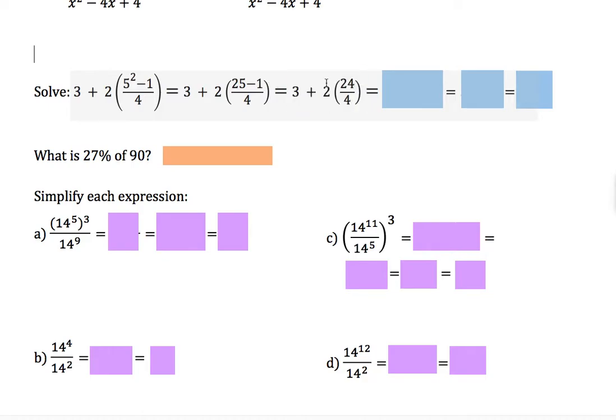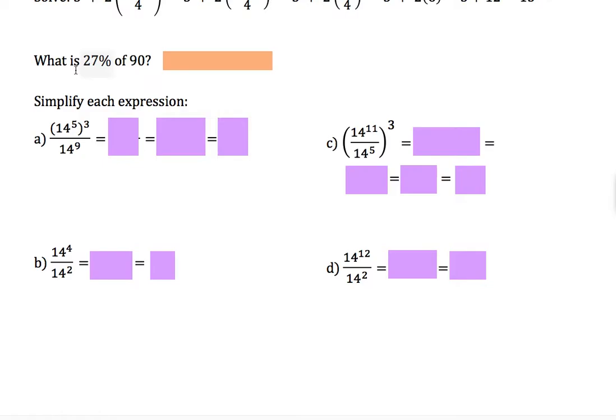So you have to go ahead and subtract the 1 from the 25 first, and then 24 divided by 4 is just going to give you a 6. And now we can multiply the 2 by 6 and it gives you 12, and then add the 3 to that, which gives you a 15.